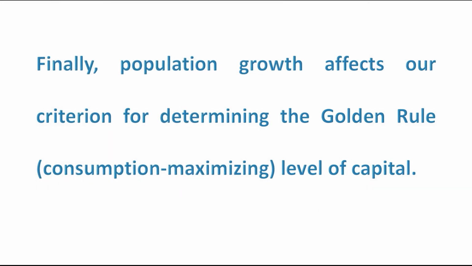Finally, population growth affects our criteria for determining the golden rule level of capital. Golden rule means the consumption maximizing level of capital. To see how this criteria changes, note that consumption per worker is output per worker minus investment per worker.